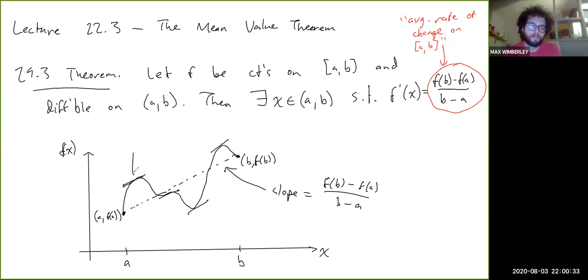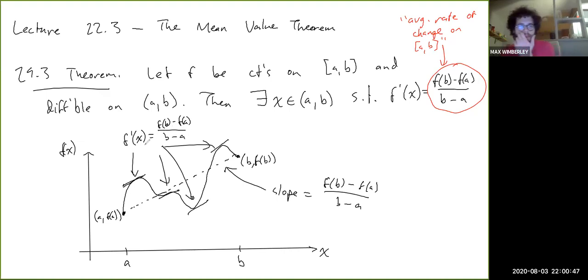Places where f prime of x equals f of b minus f of a over b minus a.